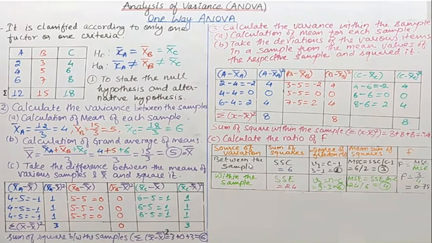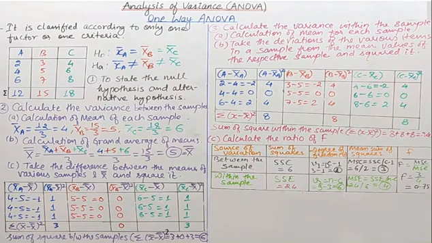The sum of squares between the sample is denoted by SSC. The value of SSC is 6, and the within the sample is denoted by SSE. The value of SSE is 24.